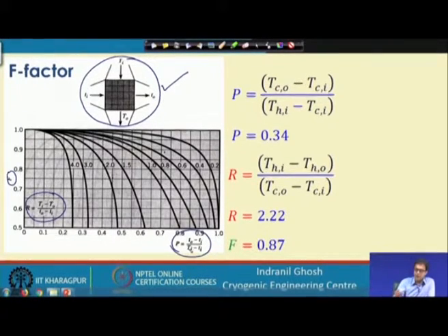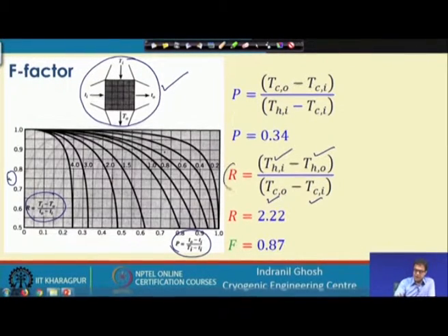What is R? R is the hot inlet minus hot exit, divided by cold exit minus cold inlet. This is nothing but the capacity rate ratio.